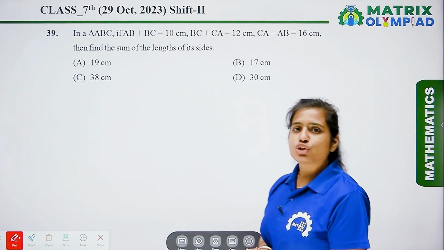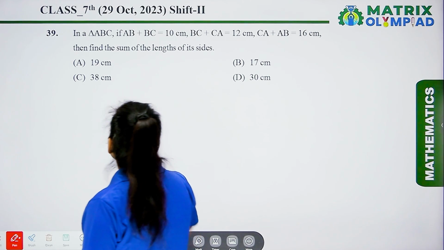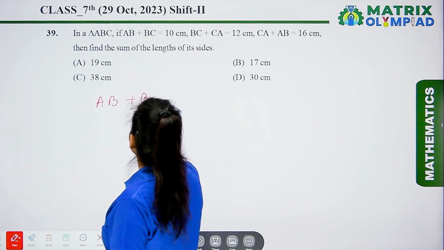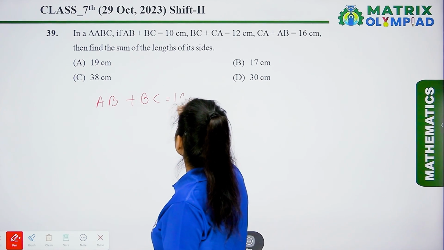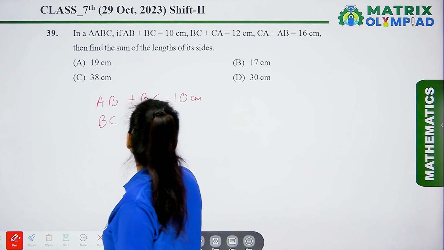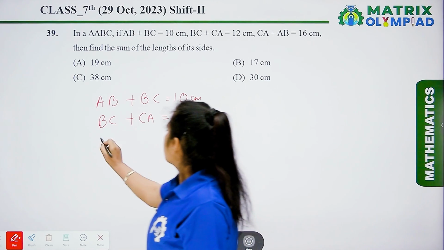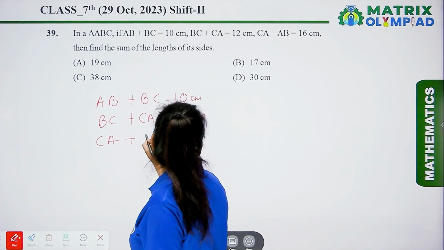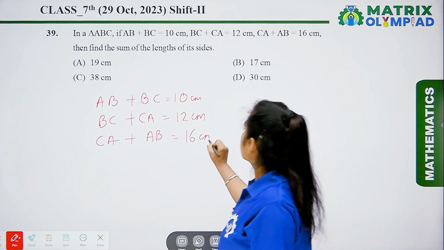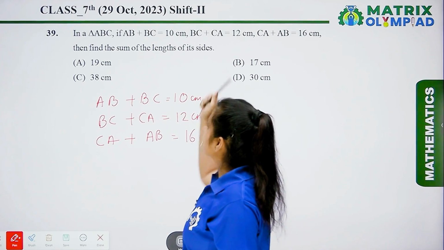Now let's solve the next question, question number 39. In a triangle ABC, if AB plus BC is equal to 10 centimeters and BC plus CA is equal to 12 centimeters, CA plus AB is equal to 16 centimeters, then find the sum of the lengths of its sides.